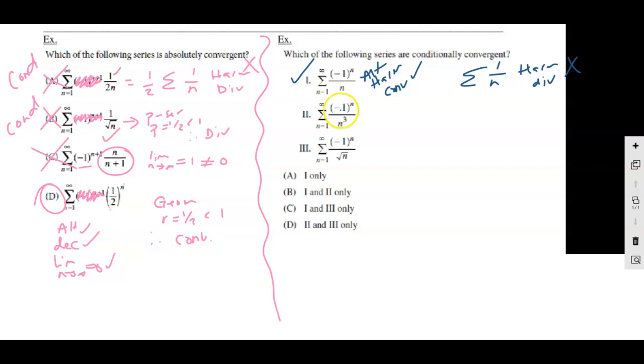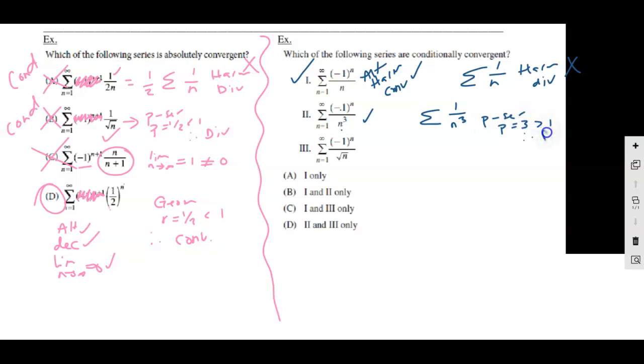Let's look at the next one. That one's going to alternate in sign. That one's going to decrease in magnitude, right? Since you have 1 over n cubed, that limit's going to work. So that one's going to work overall by the alternating series test. But if I look at the absolute value, I'd have 1 over n cubed. That's a p-series where the p value is 3. 3 is bigger than 1.